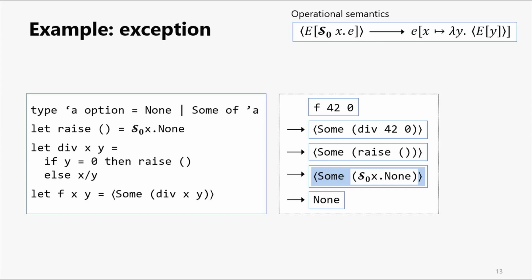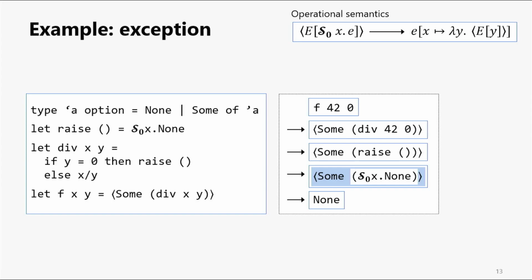This is an example of using the raise function. It's just a division function, but if the second argument y is 0, it raises an exception.